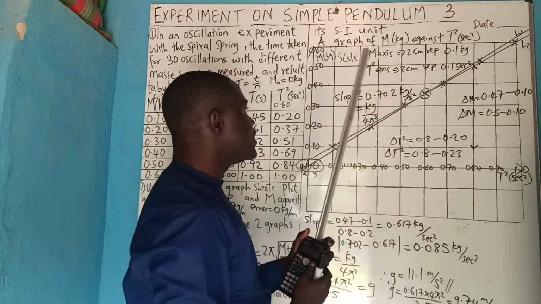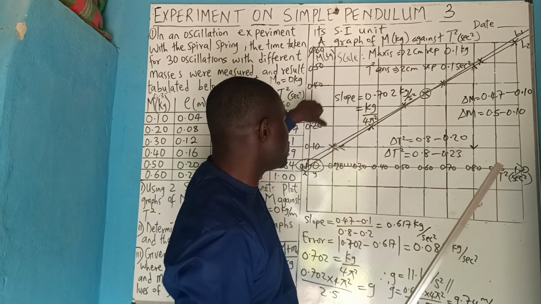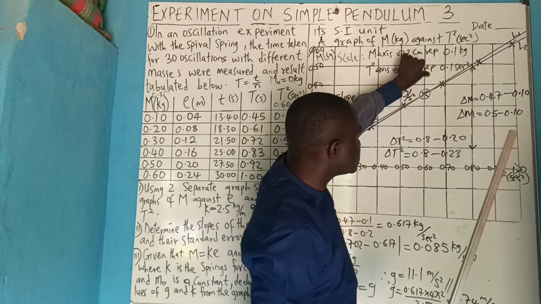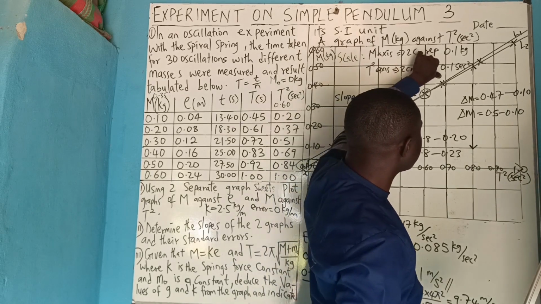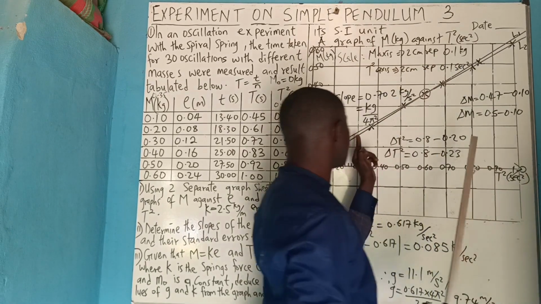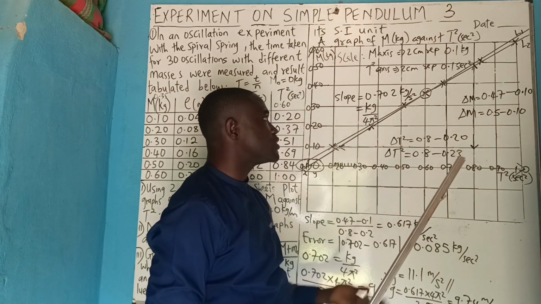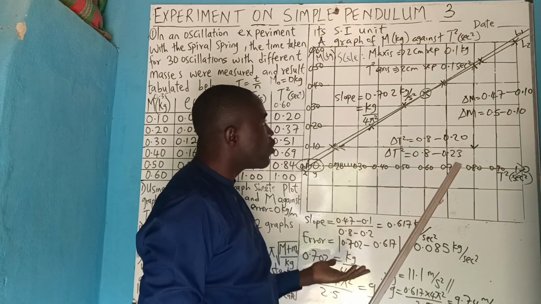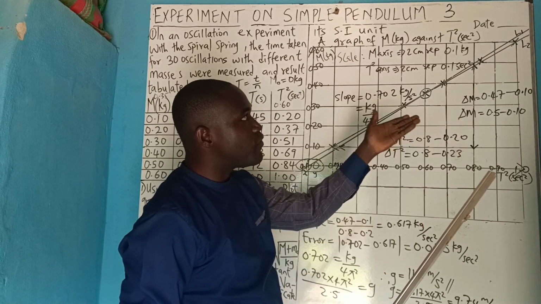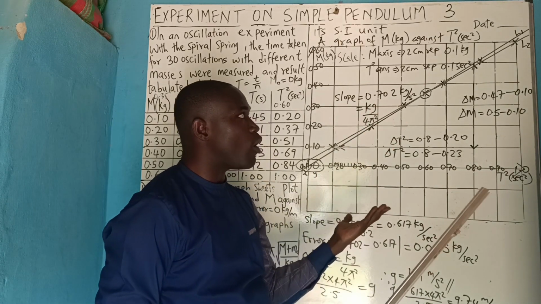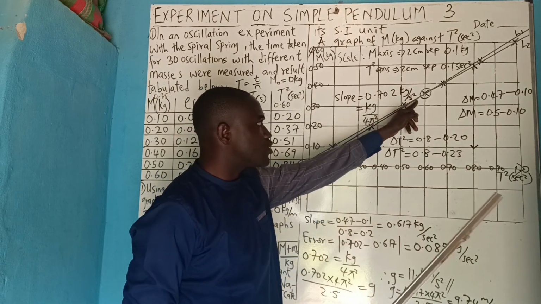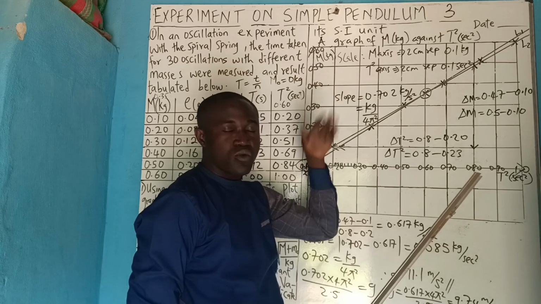So even the second line of best fit obeys the rule: 1, 2, the centroid, then 3, 4. Only this one fell out and only this one fell out on the opposite side, which is equally going well with the line of best fit. So the line of best fit for L2 obeys the rule that it will pass through the centroid and the ones that fall out will be equal.